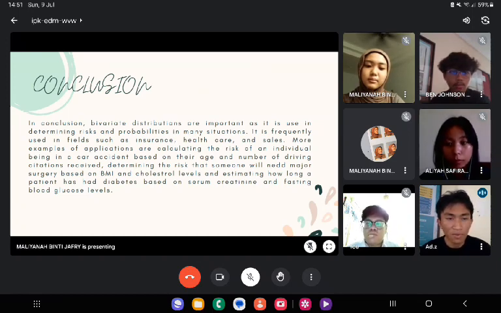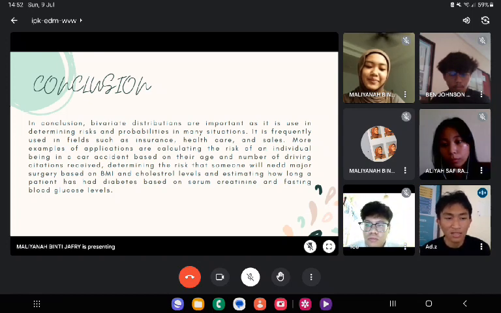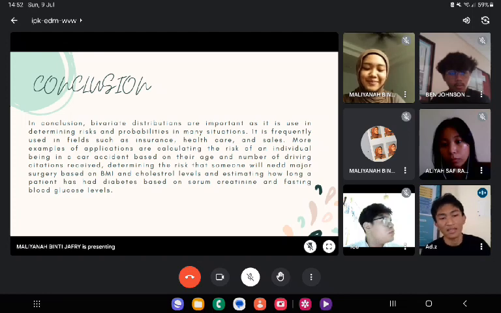More examples of applications are calculating the risk of an individual being in a car accident based on their age and number of driving citations received, determining the risk that someone will need major surgery based on BMI and cholesterol levels, and estimating how long a patient has had diabetes based on serum creatinine and fasting blood glucose level.